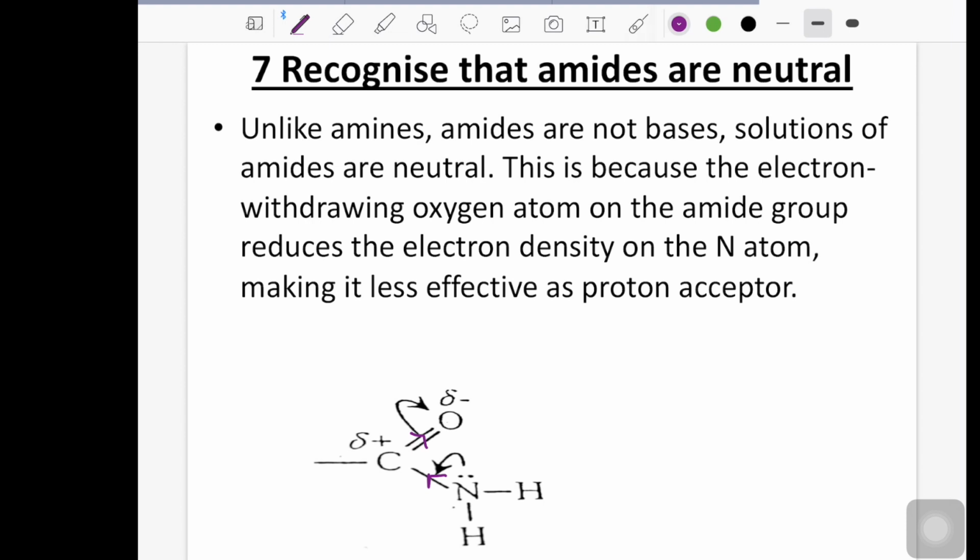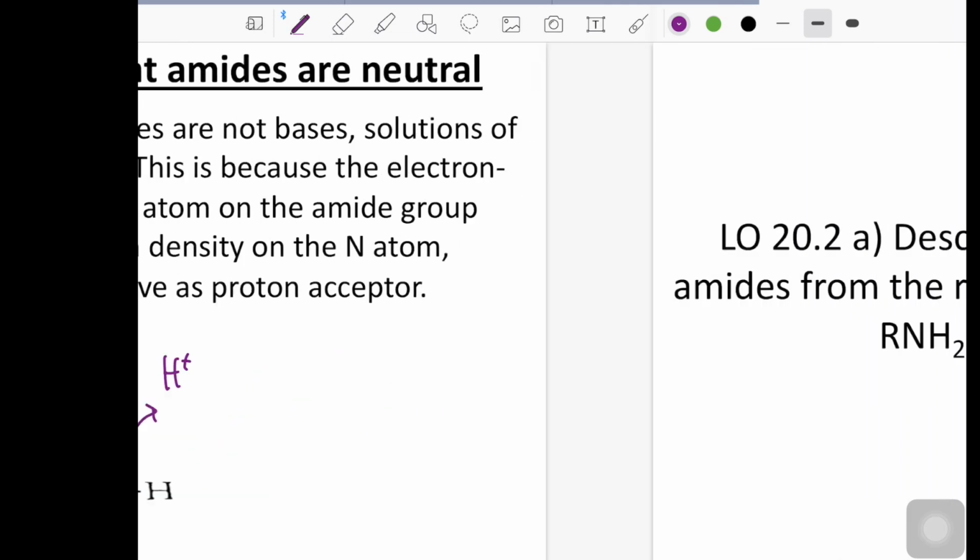The lone pair is not available for reaction with H plus as well. So this is why an amide is not an alkali, even though it has the structure and the properties of an amine. Because it has a lone pair, you would imagine it will attract the H plus, but no.